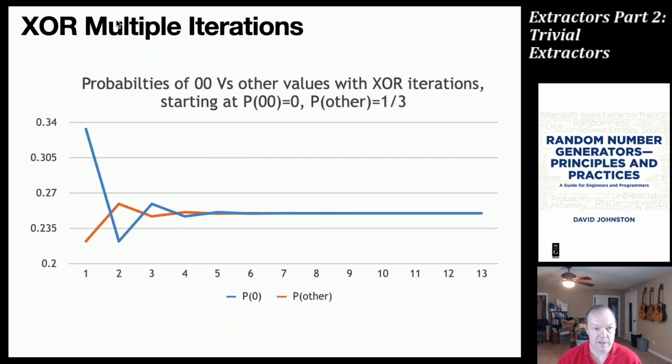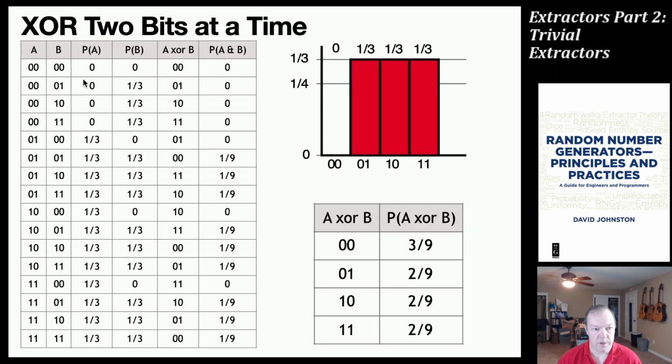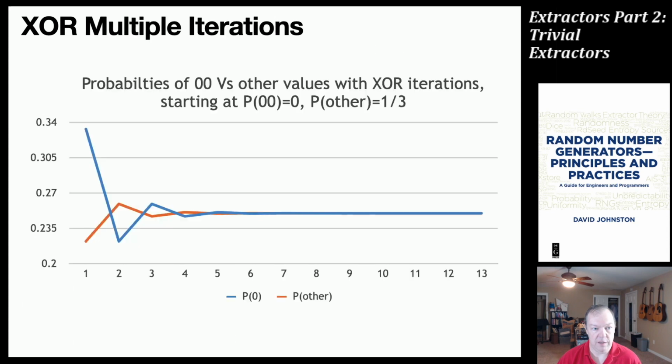And we can actually iterate this multiple times. Here we're taking just the one symbol, and we've got the original distribution of a third and 0.